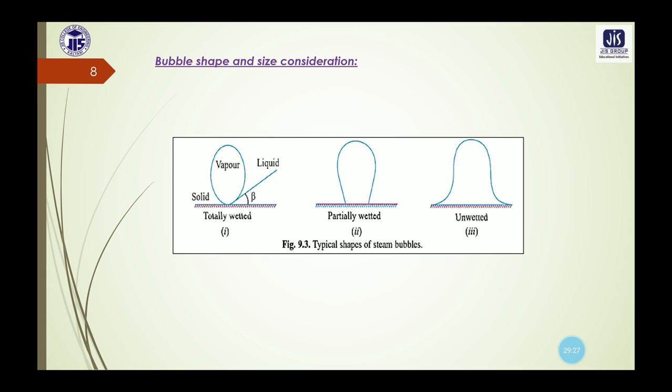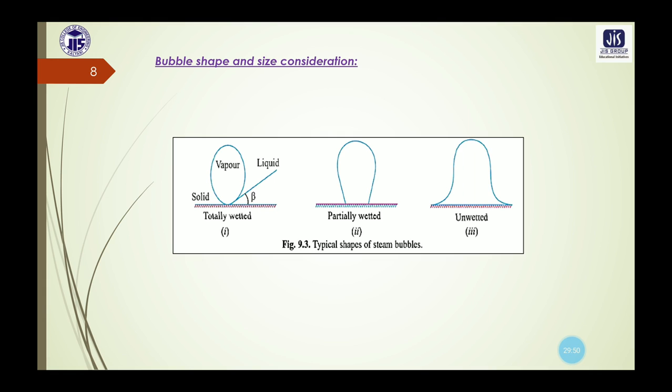If the surface tension of the liquid is low, then it tends to wet the surface, because the surface tension is actually the wetting capability of the surface with the liquid. If the surface tension is low, then the surface is highly wetted.